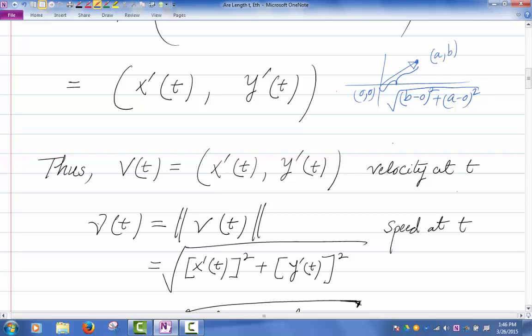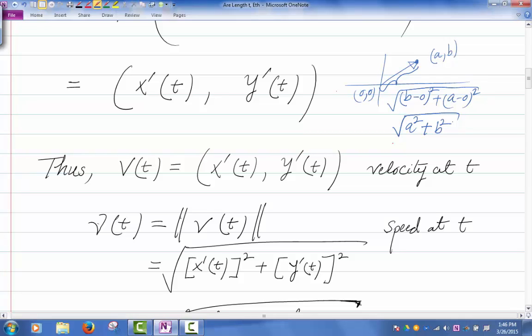So the length of a vector is the square root of the square of the first component plus the square of the second component.